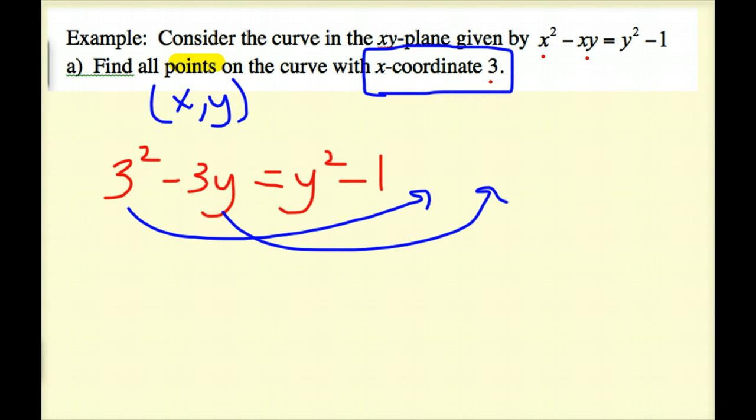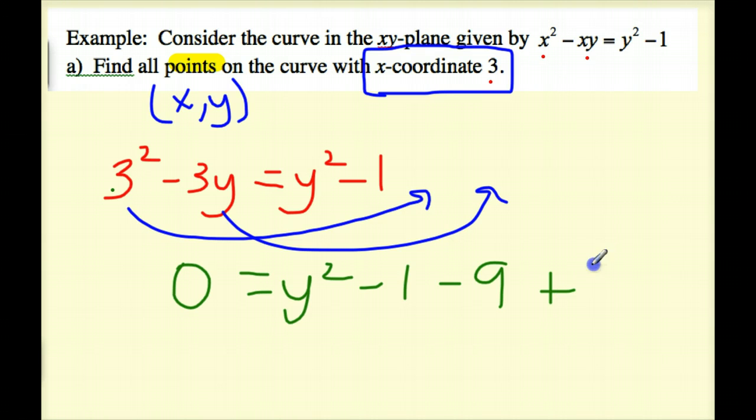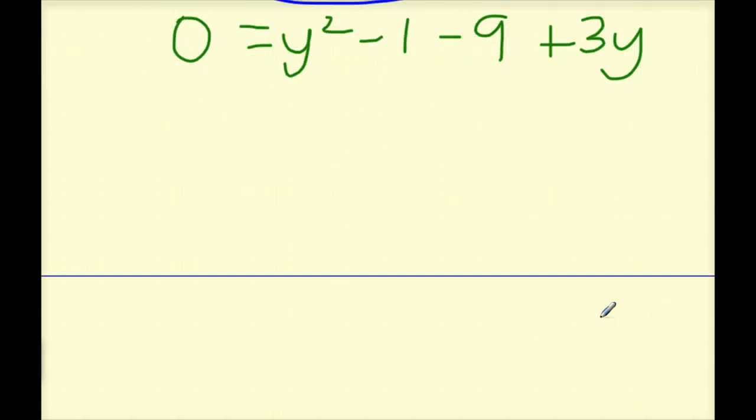And if I do that, I get 0 is equal to y squared minus 1. 3 squared is 9, but I want to move it that way, so I'm going to do minus 9 plus 3y.